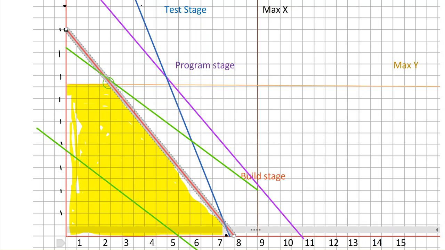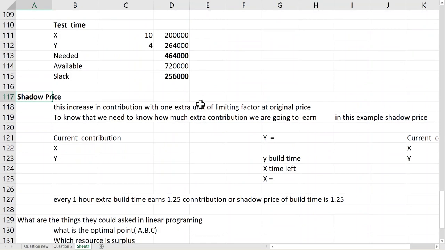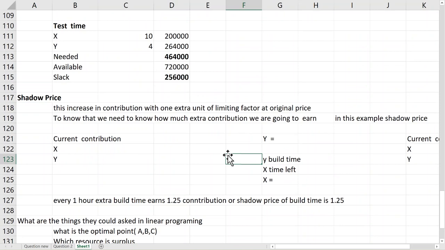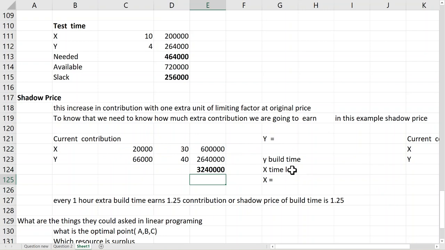To find that, we do some calculation. We look at the current contribution that we are earning, which is X 20,000 units, Y 66,000 units, multiplied by contribution per unit 30 and 40. So our current contribution, adding it together, is about 3.2 million something.